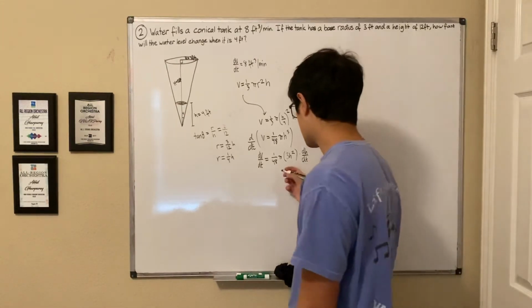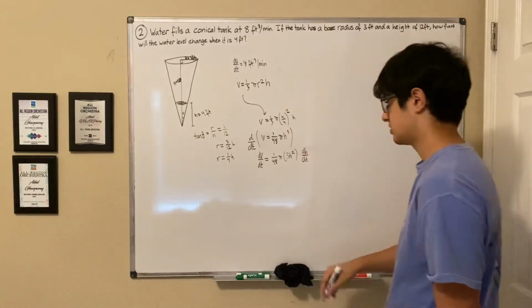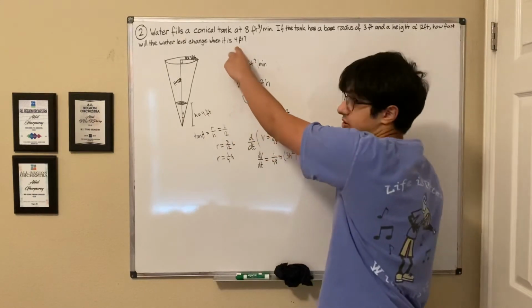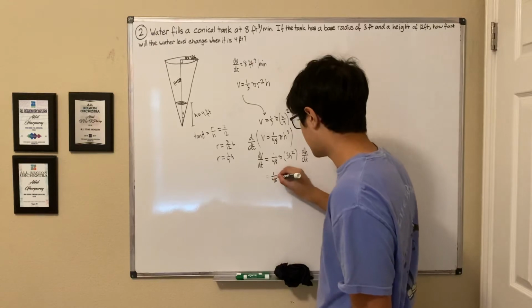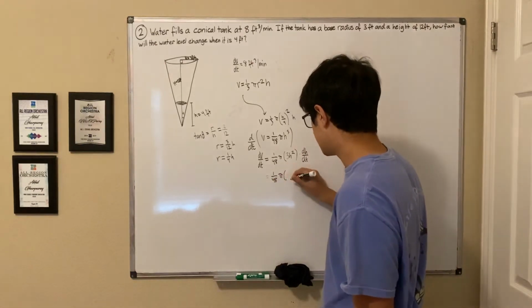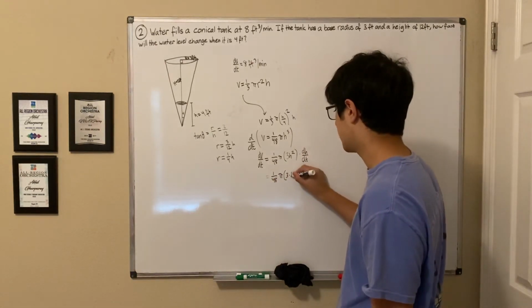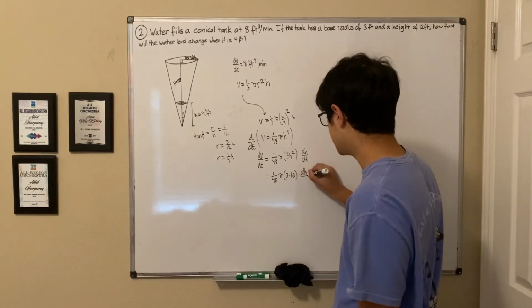So let's plug in our knowns. We know that the height is 4 feet. So we get that this is equal to 1 over 48 times pi times 3 times 4 squared, which is 16, times dh/dt.